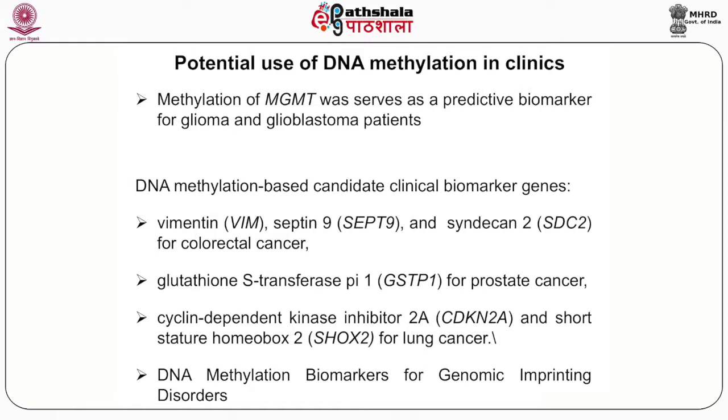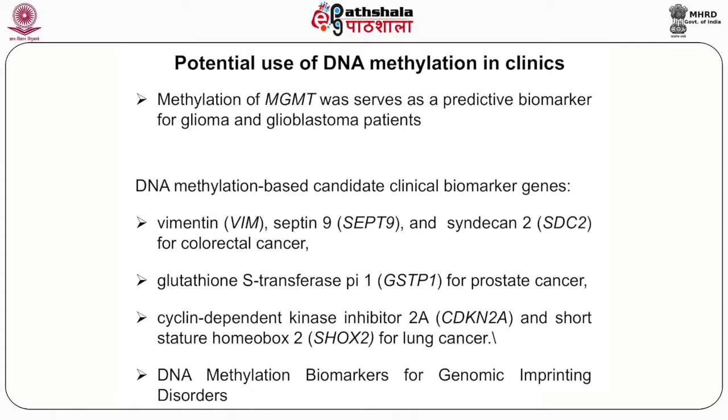Second, DNA methylation based candidate clinical biomarker genes for early detection include vimentin, septin-9 and syndecan-2 for colorectal cancer, glutathione S-transferase Pi1 for prostate cancer, and cyclin-dependent kinase inhibitor 2A, CDKN2A, and SHOX2, short stature homeobox 2, for lung cancer. These have already reached clinical potential and for some, diagnostic test kits are also commercially available in the market.